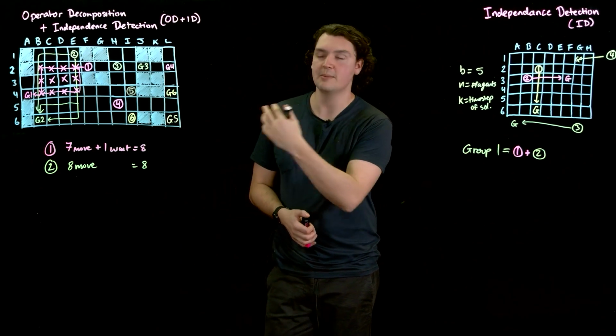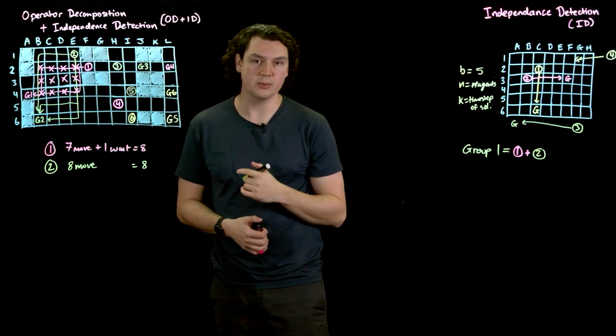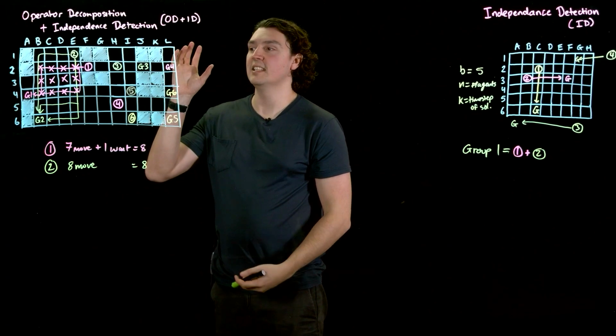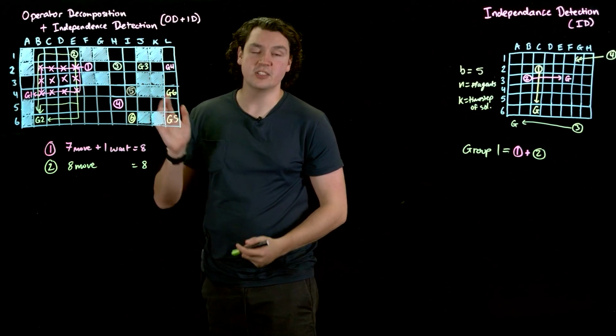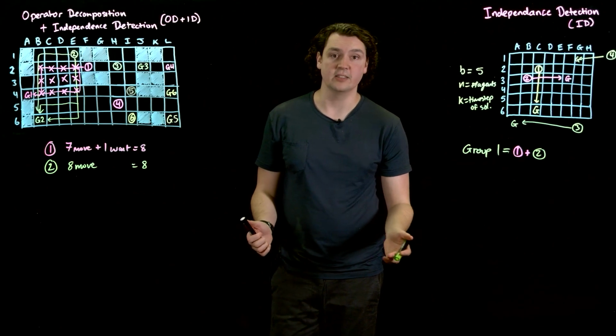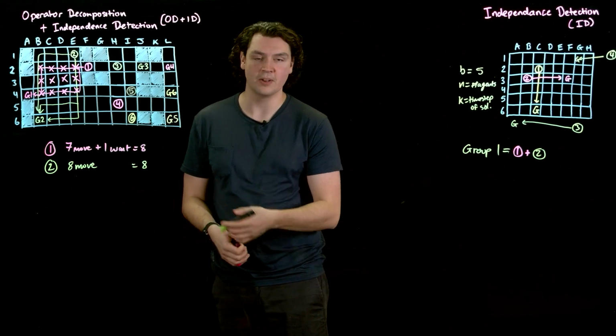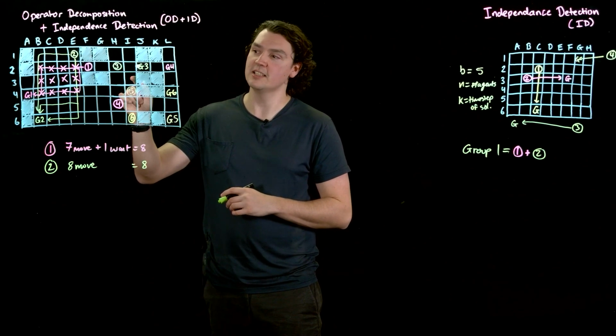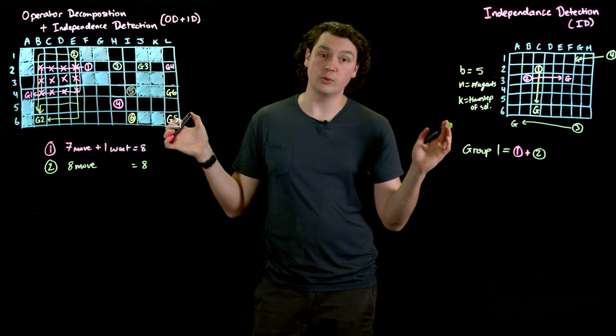Now, maybe I forgot to mention this at the beginning of the problem. We're working with a grid map model, which means that when agents get to their target, they stay there, okay? They're not going to magically vanish. These are real-world robots. So what that means is if agent 3 walks to its goal, it will block things, right?